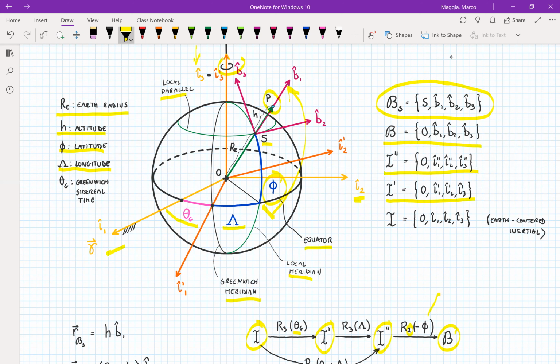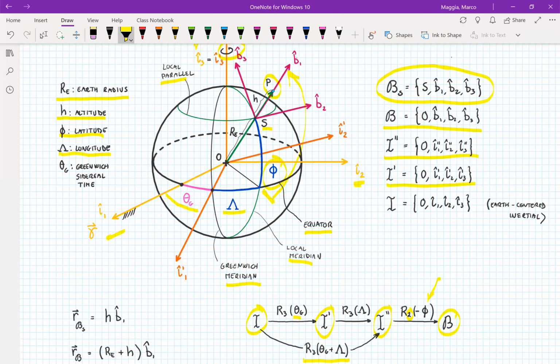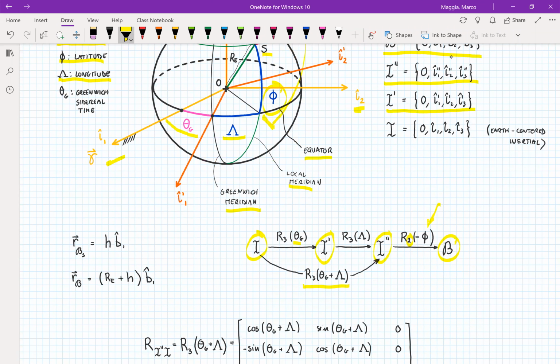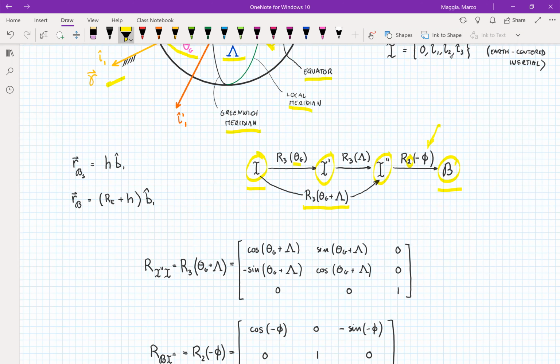Clockwise rotation means negative rotation, so it's R2 of minus phi. So that's how we get from the inertial frame of reference to the body frame of reference. You can think about it as 3 rotations, 3, 3, 2, but since 2 of them are not independent, it's also equivalent to having 2 rotations, about the z-axis and then the y-axis, of theta g plus lambda and minus phi angles respectively.